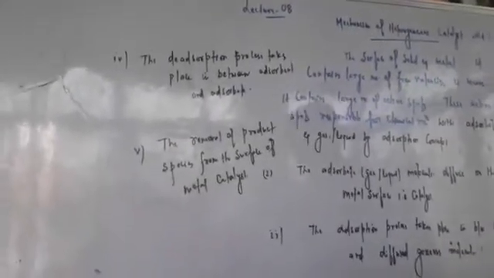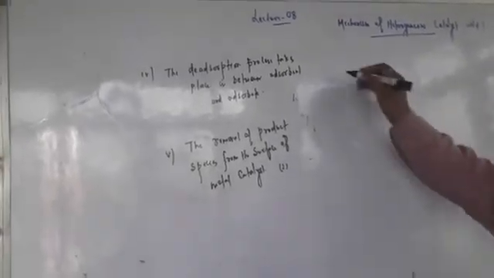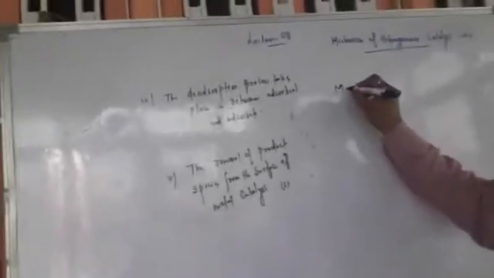These are the steps involved in heterogeneous catalysis. Now we have to draw a chart to understand these steps. As we know, first of all, this is the metal surface, the metal catalyst.